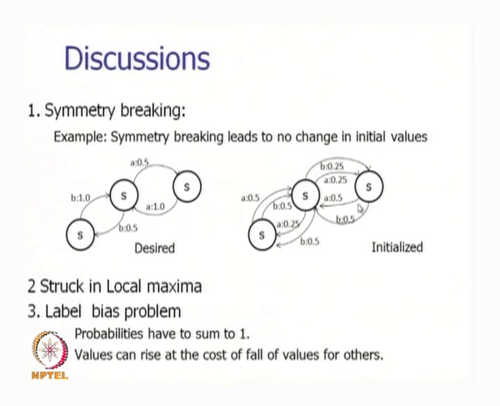So, forward and backward transitions with A and B values have equal starting probabilities. Now, if the incrementation happens with equal amount, then these values will never be different, and if the target machine has different probability values, it will not be possible to reach them. And the final problem is the label bias problem, which we will discuss later. If one of the probability values dominates, then it can lead to problems in the computation.